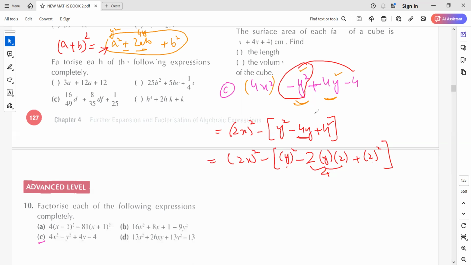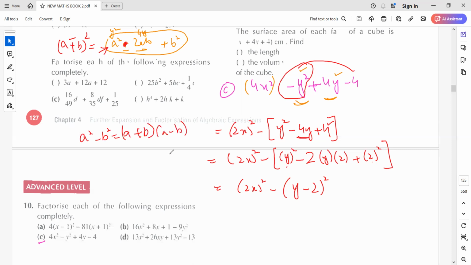So we can write it like this: 2x whole squared minus y minus 2 whole squared. That means a minus b was to be used in this case, a squared minus 2ab plus b squared. So now we can apply the identity a squared minus b squared, which is a plus b times a minus b.